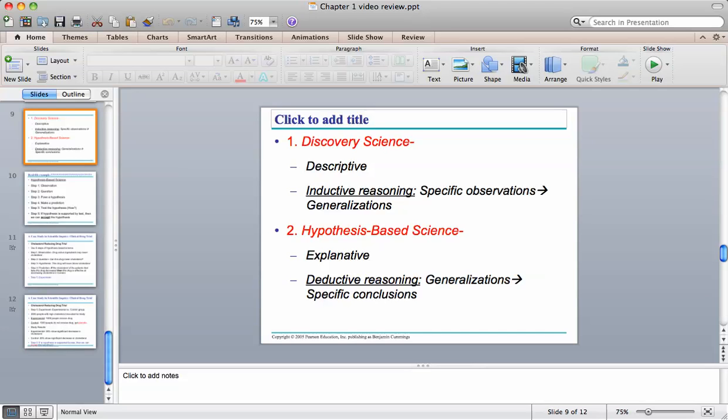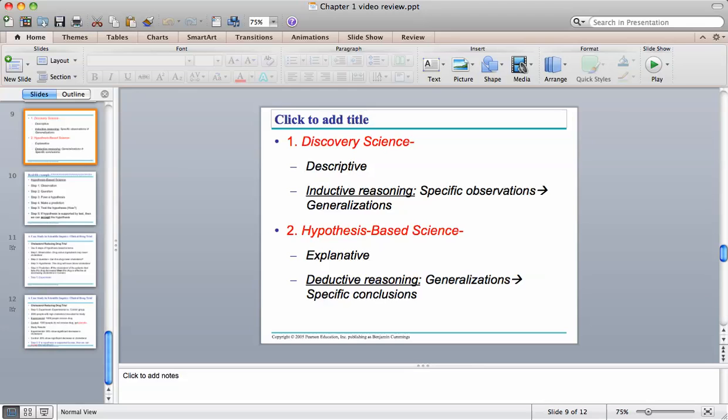And the type of reasoning used here is called induction or inductive reasoning, where you take specific observations over a long period of time and you can make a generalization. The sun comes up every day in the east, and you see that every single day. So you make a generalization, the sun rises in the east. Okay, so that's just one small example of discovery science and this idea of inductive reasoning.